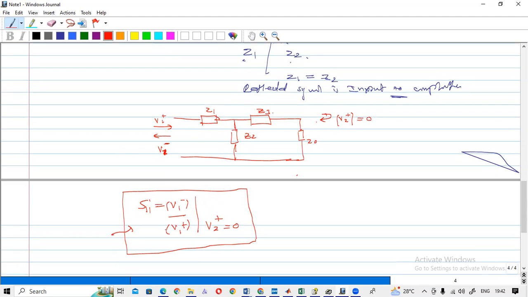So how to calculate that? What can you say about this? What is this actually, V1 minus over V1 plus? This is the reflected signal divided by the input signal. You have another name for that. I think you should remember that one.